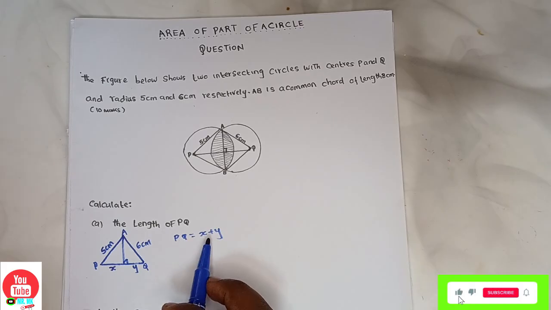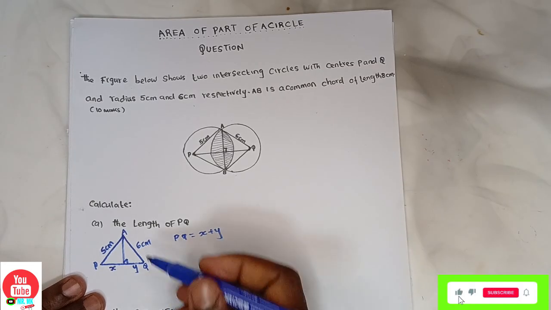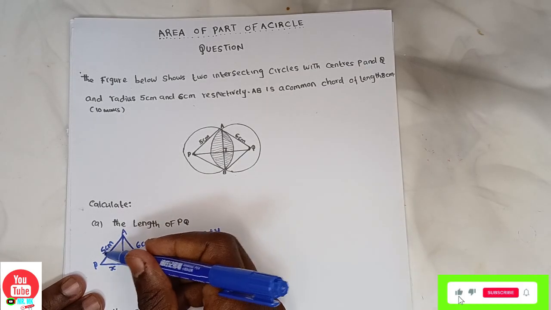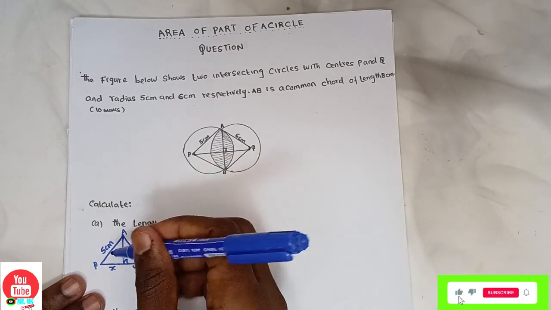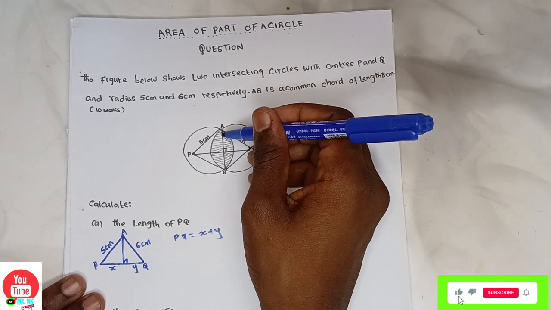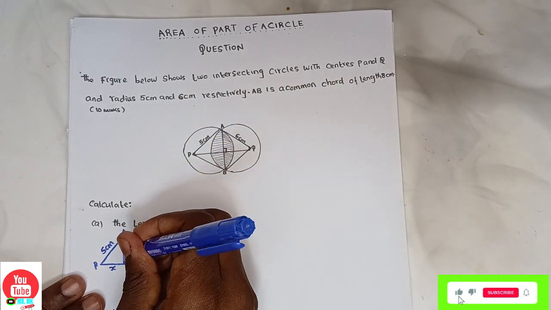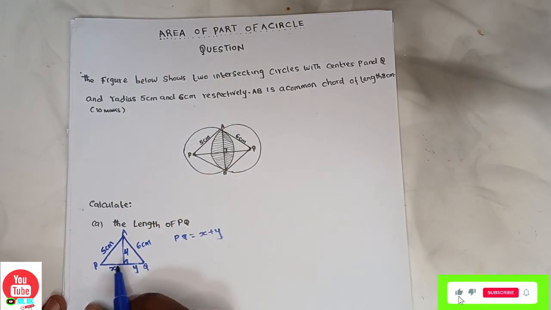Using Pythagorean theorem, you can get the length of this triangle first. The total from here up to here is 8 cm, which means here is half of 8, which is 4. Here you have 4.